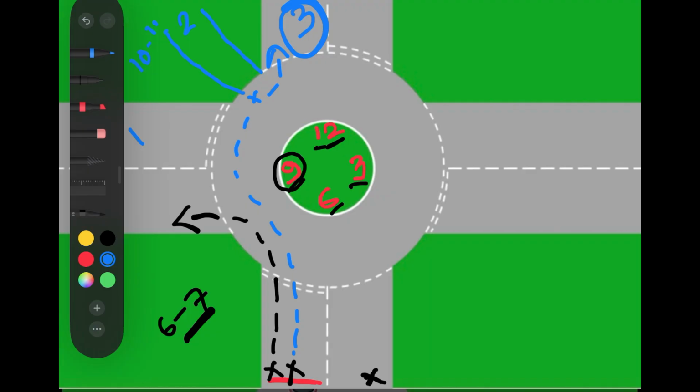Okay, so let's say if you have multiple exits on the left, so any exit after first up until 12 o'clock, we do not signal approaching junctions.